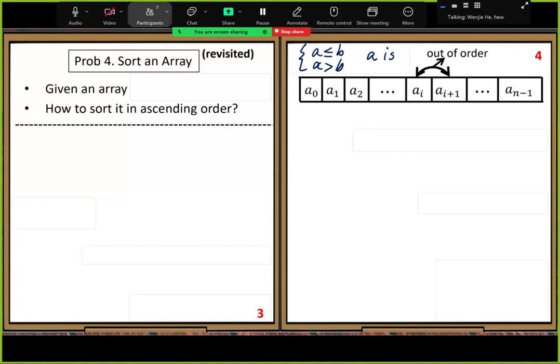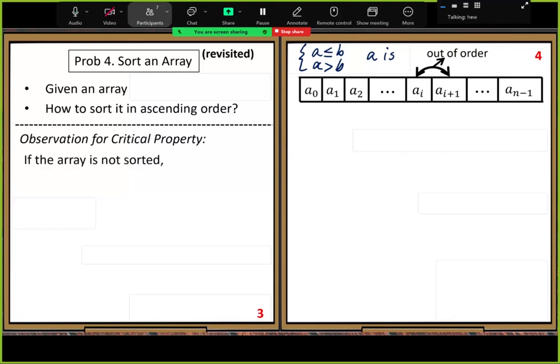Out of order. If the given array is not in order, then you need to consider two of the elements may be out of order. So let's study that property.